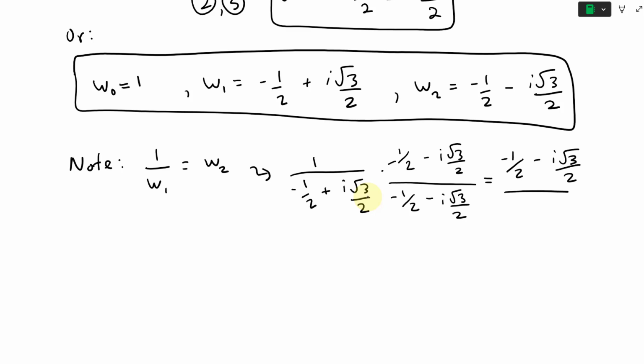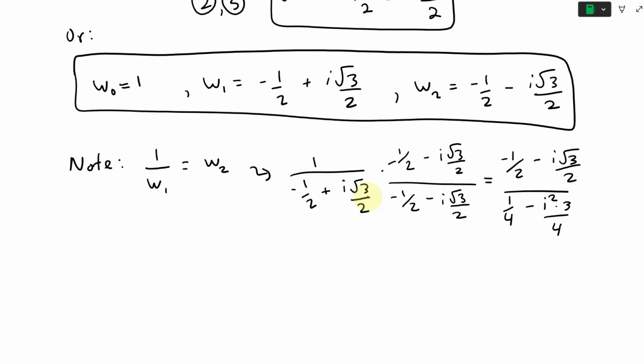The bottom equals negative 1 over 2 squared, which is 1 over 4, positive because negative becomes positive. Next it's minus i squared, and square root 3 times square root 3 is 3, over 4.